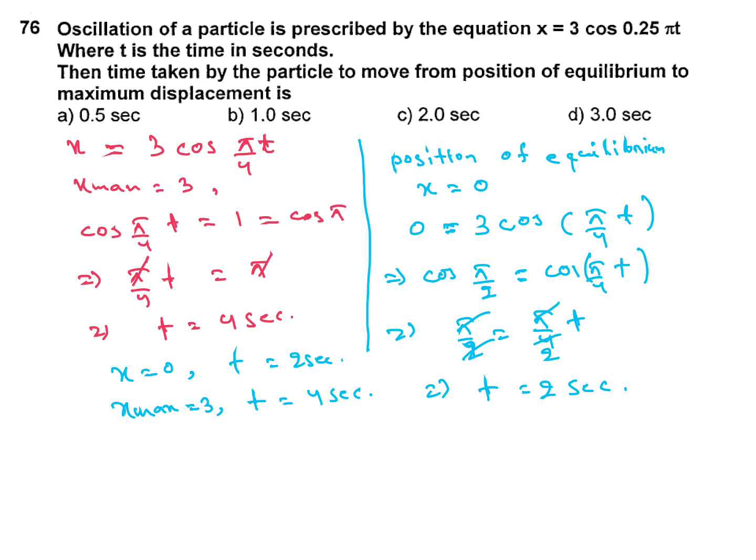So time taken by the particle to move from x equals 0 to x equals 3 is our required time. Four seconds minus 2 seconds, it's 2 seconds. This is our required time. So C is our answer.